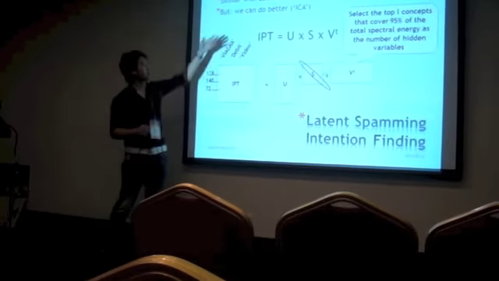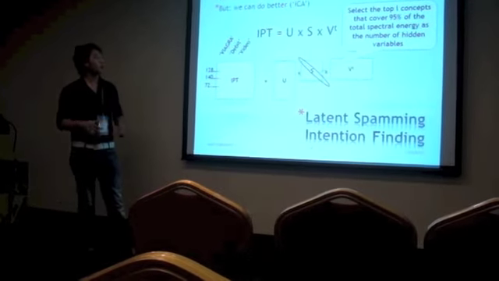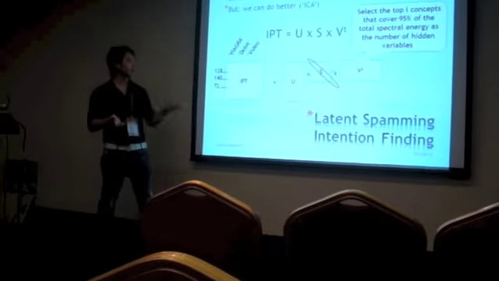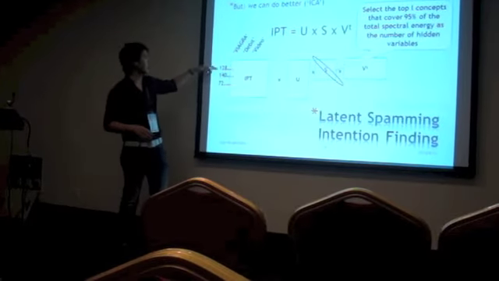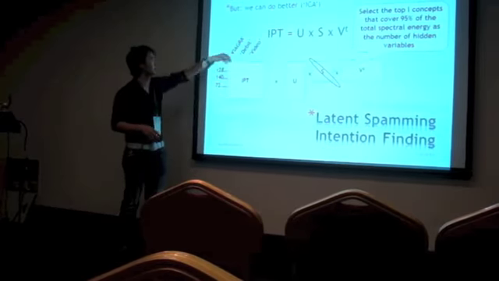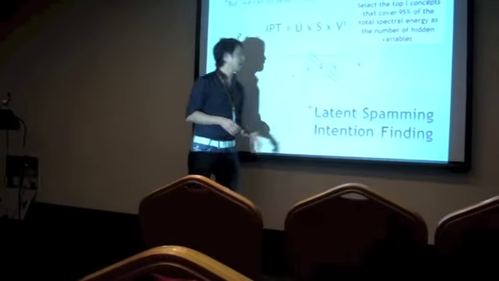The method we use is SVD. We could also do better with ICA, but currently for this finding method we use SVD. You can see the IPT, IP to terms, and we do the decomposition and get the S matrix.